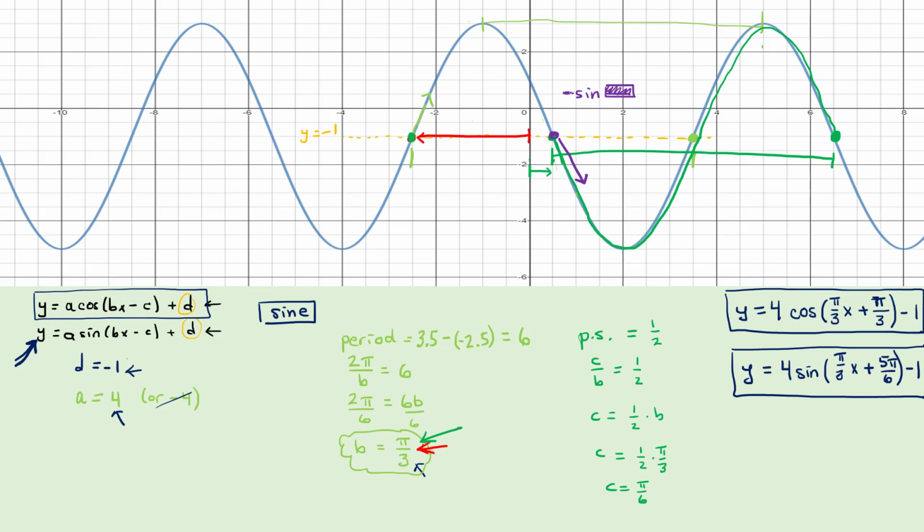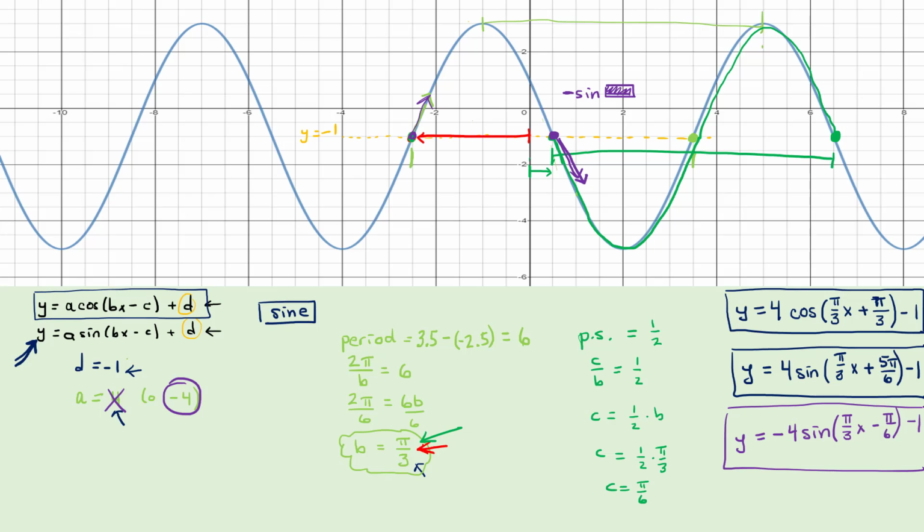This negative sign is what tells us that we start on the midline and go down, rather than earlier when we started on the midline and started by going up. So when we do this, we get y equals, now a is not 4, a is negative 4. So negative 4 sine of pi over 3x. c is pi over 6, so minus pi over 6 minus 1.